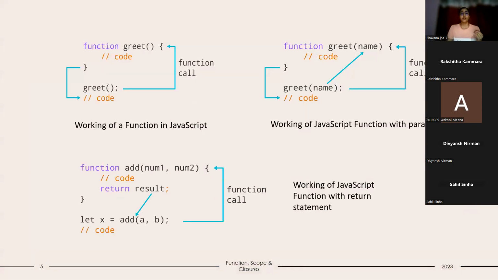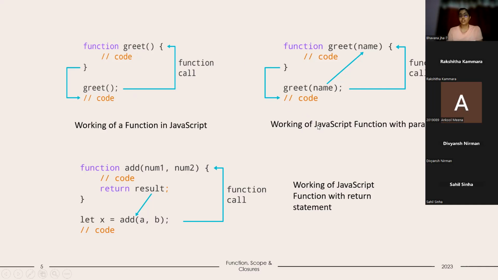Here we have the different workings of a function: without a parameter, with a parameter, and with a return statement. In the first example, we have a greet function without a parameter, and with the help of greet we call the function, and whatever is written inside the code gets executed.